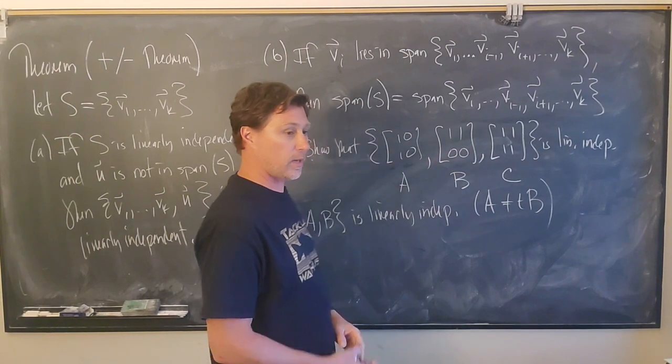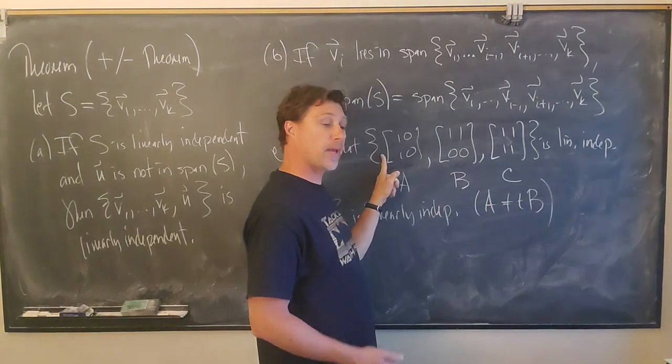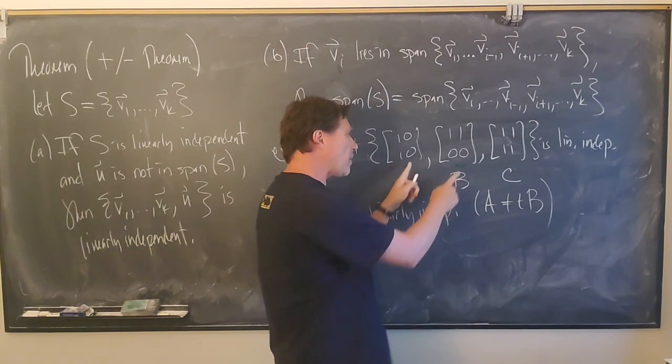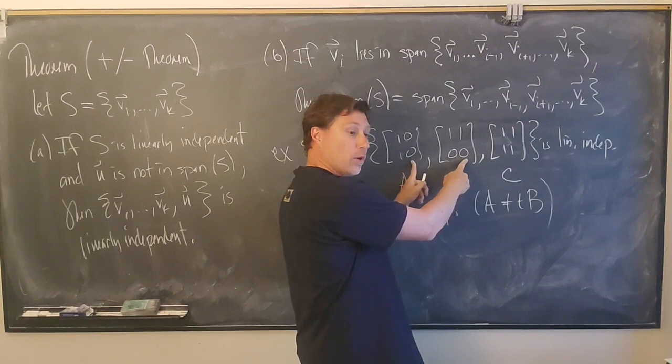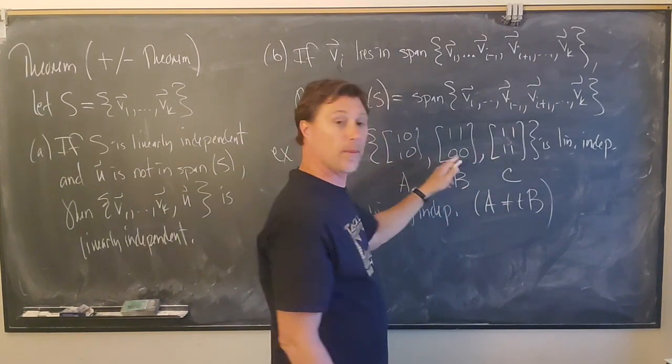And notice what happens. If you multiply this matrix by a constant plus this matrix by a constant, the bottom right will always be 0, which means that you cannot get this matrix as a linear combination.